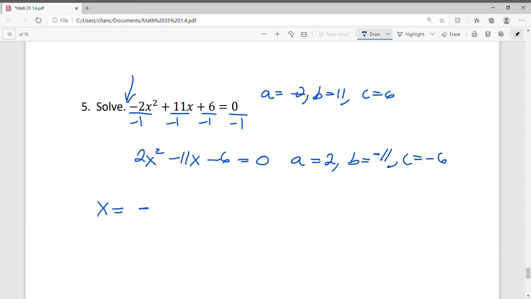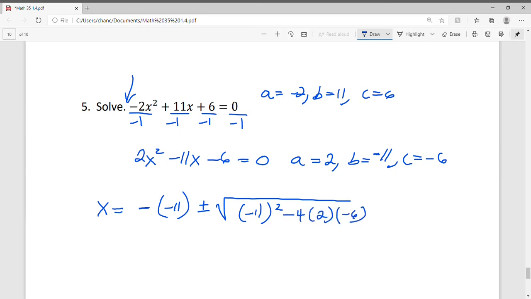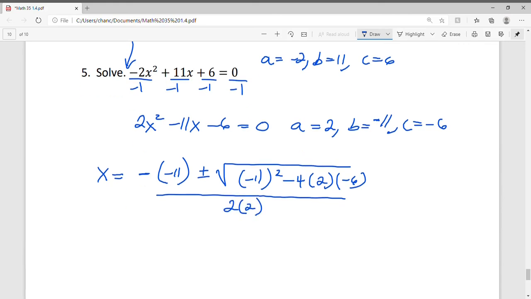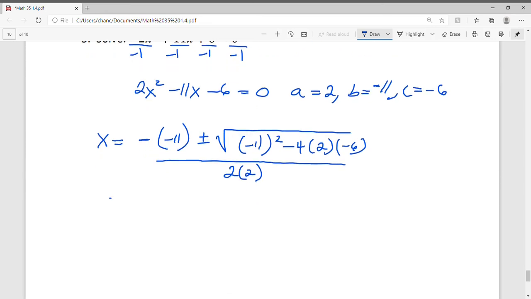Now the quadratic formula is a lot easier to do, since we have negative of negative 11, plus or minus the square root of negative 11 squared minus 4 times 2 times negative 6, divided by 2 times 2. It's just easier when the leading coefficient is positive. So let's simplify this.